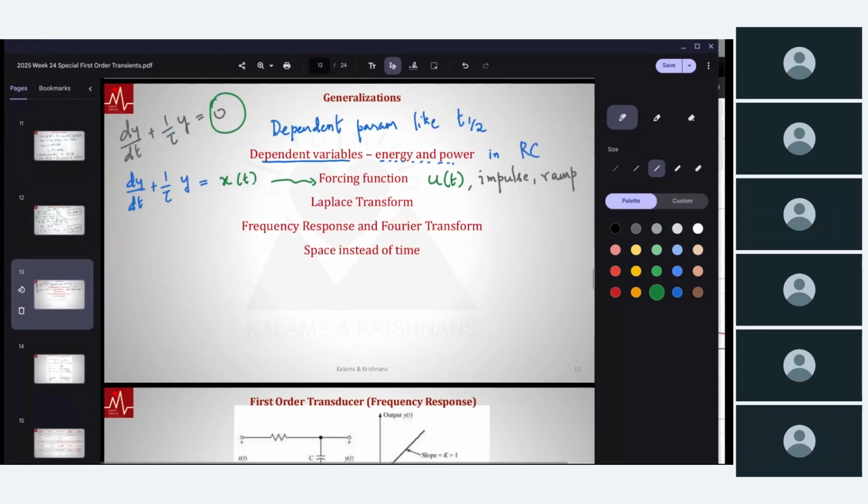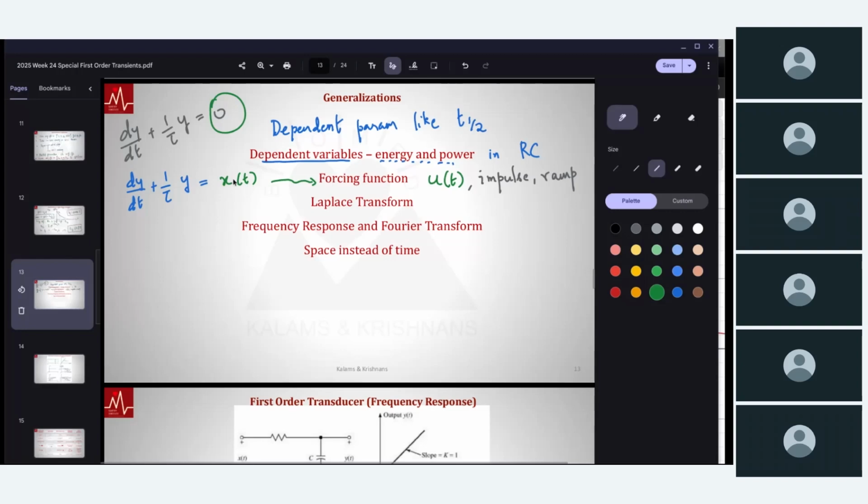You can have some other function as a forcing term. In fact, in breathing, exhalation, you have a resistance and compliance. Inhaled, there is some volume of air, and then the lung is discharging. That is unforced. The moment you put on a ventilator, you are actually forcing. There is a forcing function involved.